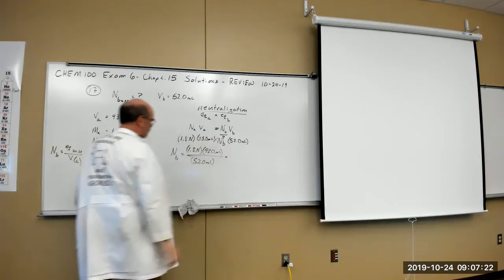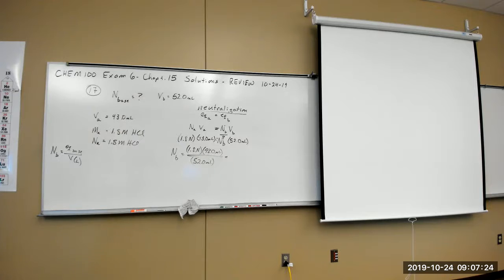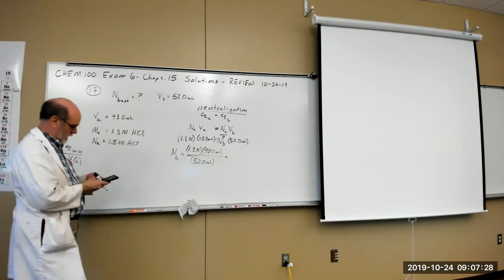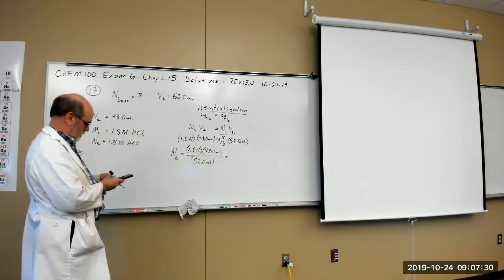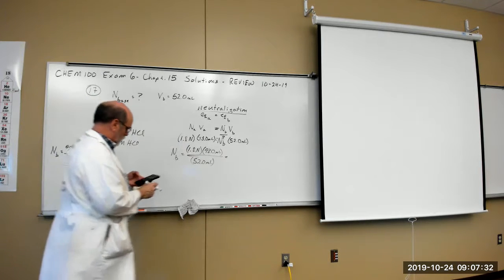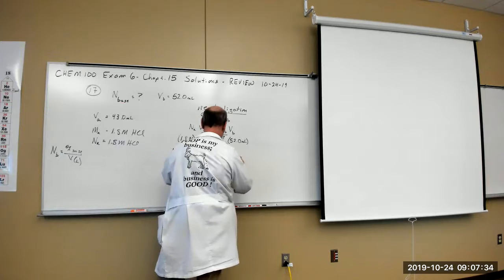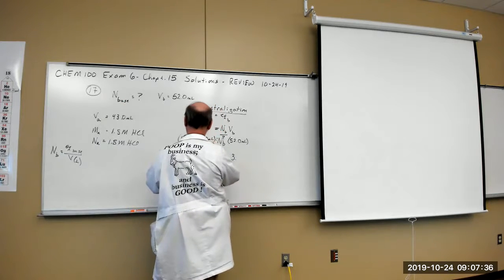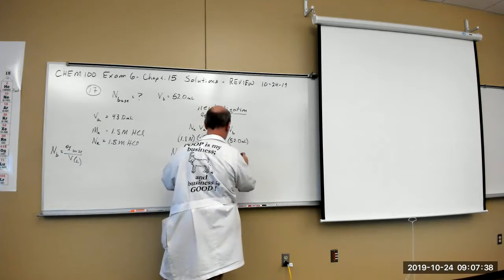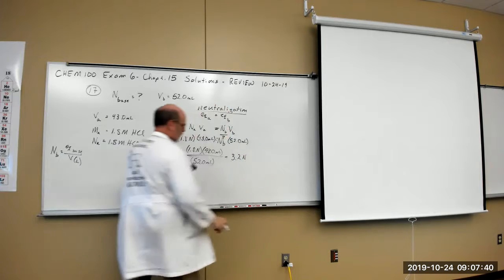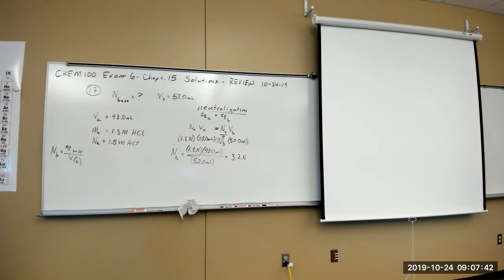Okay. So let's see, 1.8 normal, 93 mils. So I get 3.2 normal for the base. So which one was it? 17.